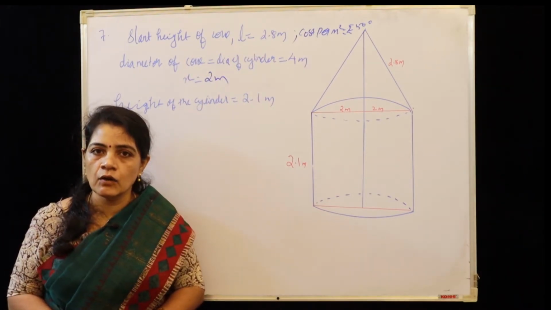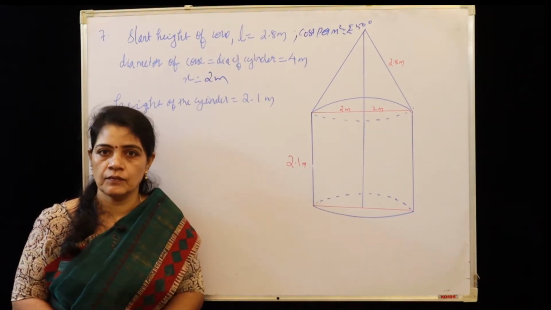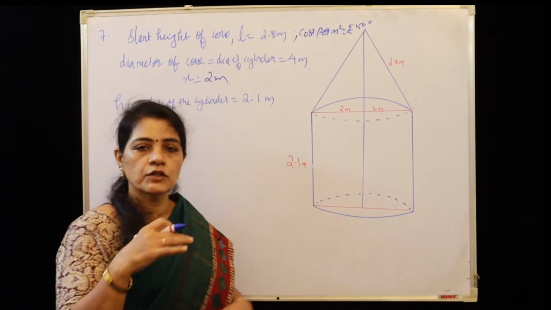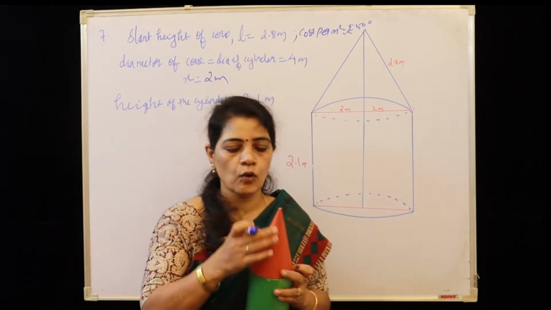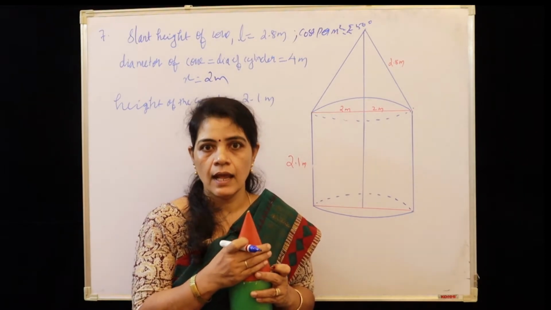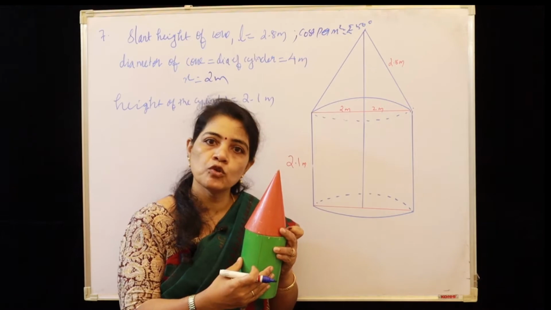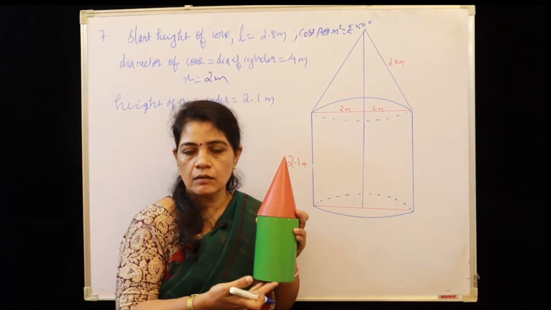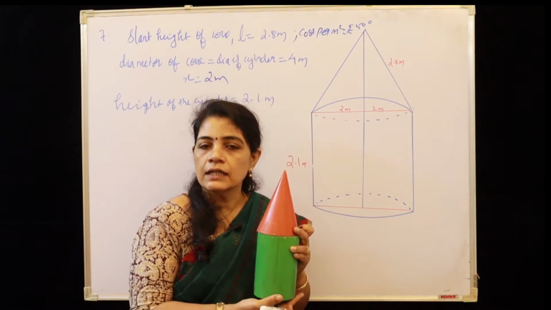We have to find out the total canvas used for making the tent. Total canvas means you have to find the CSA of the cone, that is pi rl, and the CSA of the cylindrical portion, that is 2 pi rh. Usually the bottom is flooring, so we are not considering that, which is pi r square.